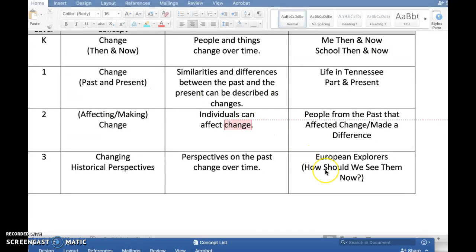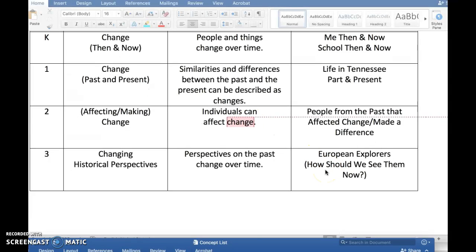And then here, I don't know if this is going to be controversial or not, but the idea of changing historical perspectives and how the way people see things that happened in the past and people from the past has changed over time. It seemed like the topic of European explorers would be a good vehicle for that, like the way we used to see Columbus and how we might see him now.